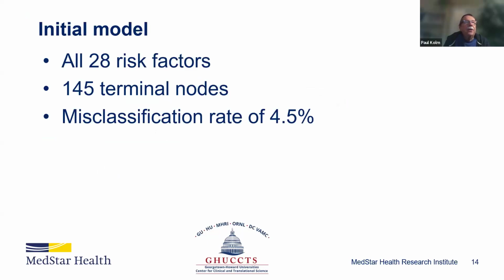We end up with 145 terminal nodes, which is a lot, and our misclassification error rate is 4.5%. So with all the risk factors in there and 145 terminal nodes, this is the best we can do as far as misclassification, or have that as small as possible.